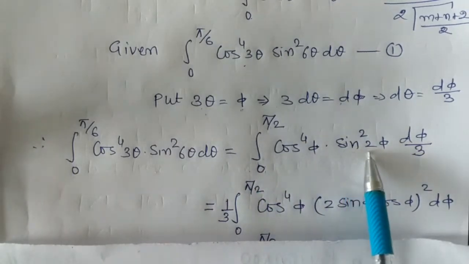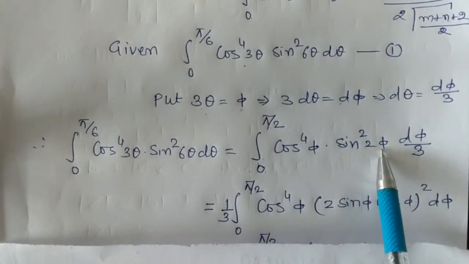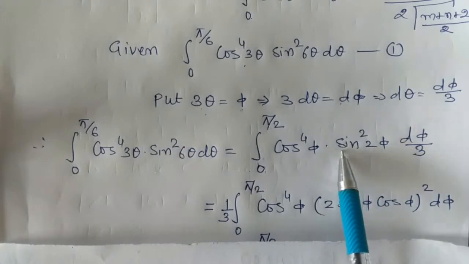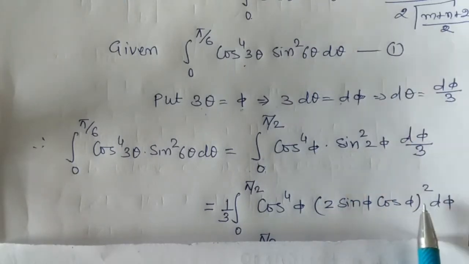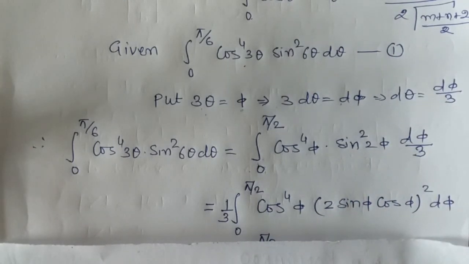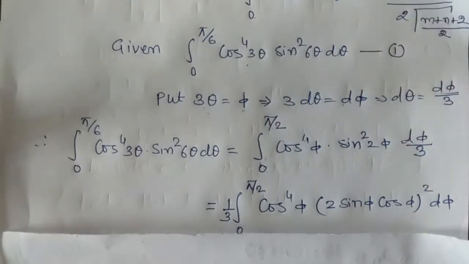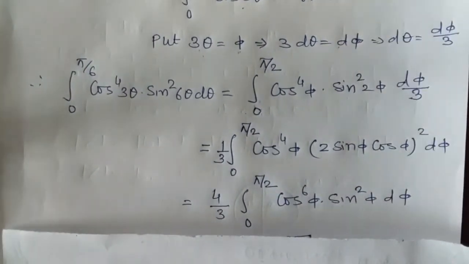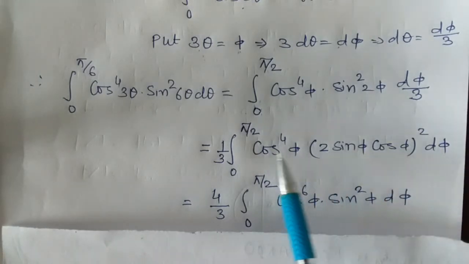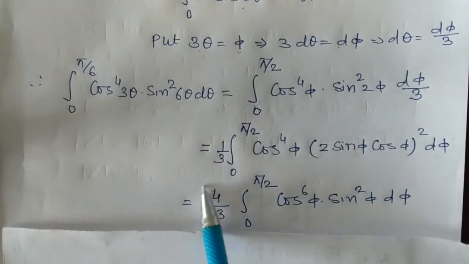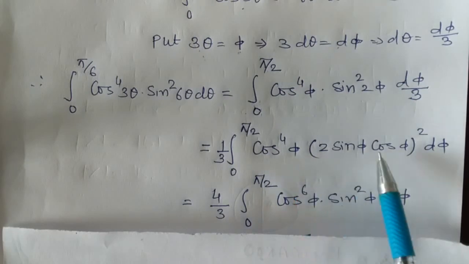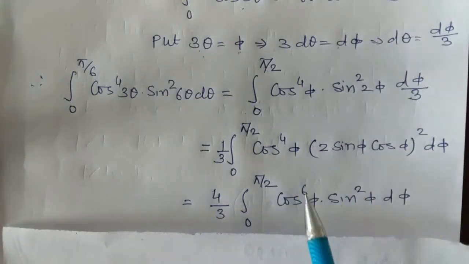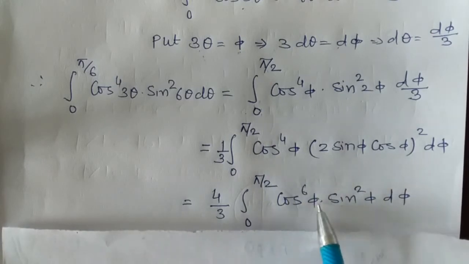Now here we have sin 2 phi square, and sin 2 theta is 2 sin theta cos theta, so sin 2 phi become 2 sin phi cos phi whole square into d phi. Now we have 1 by 3, and here 2 square become 4, so 1 by 3 into 4 become 4 by 3 integral 0 to pi by 2 cos 4 phi, and here we have cos square phi, so total we have cos phi power 6, and here we have sin square phi d phi.